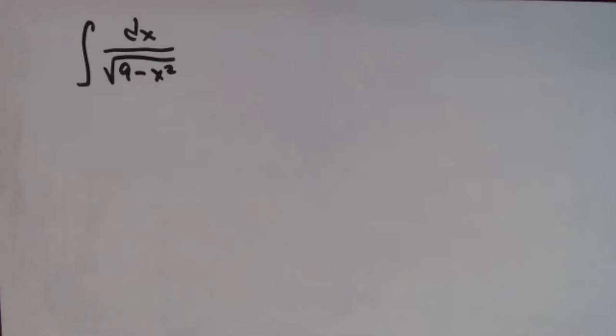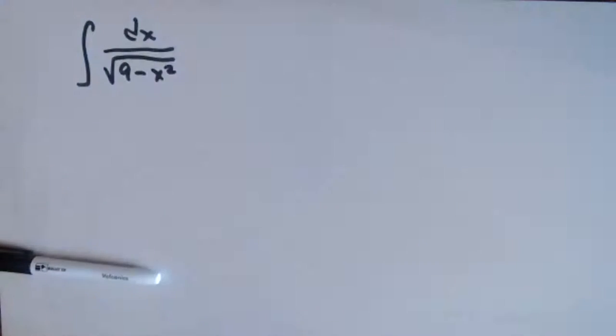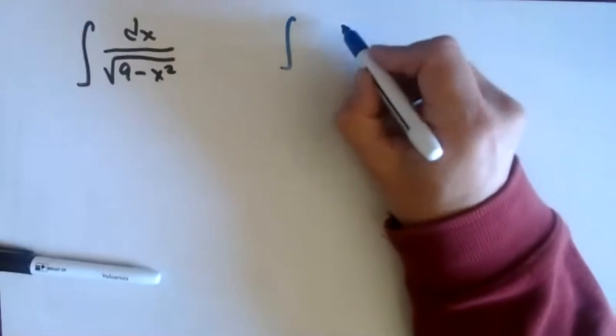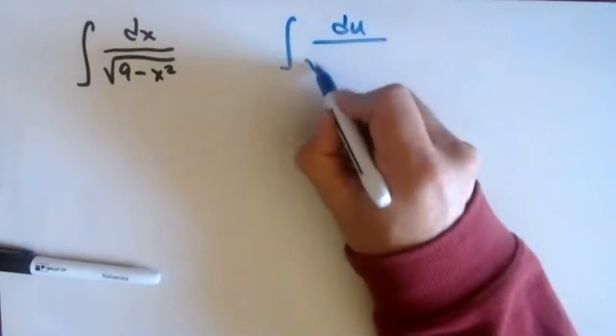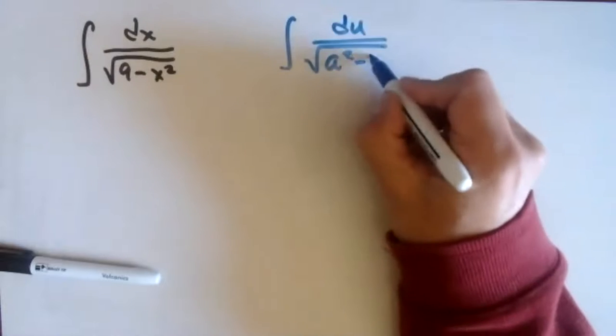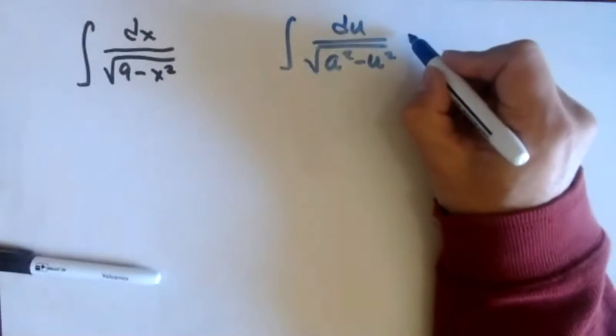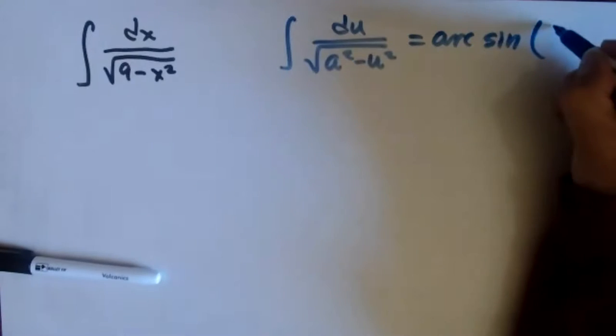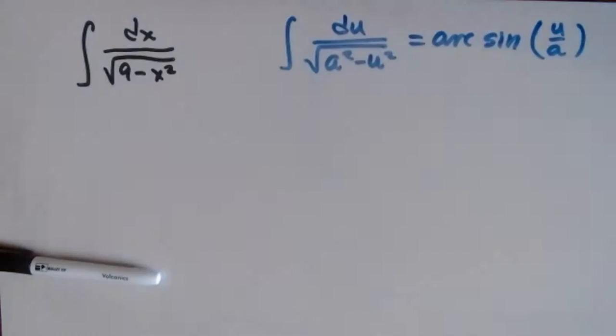Okay, what is the integral we have to match? You have the integral of du over the square root of a squared minus u squared equals the arc sine of u over a, correct?